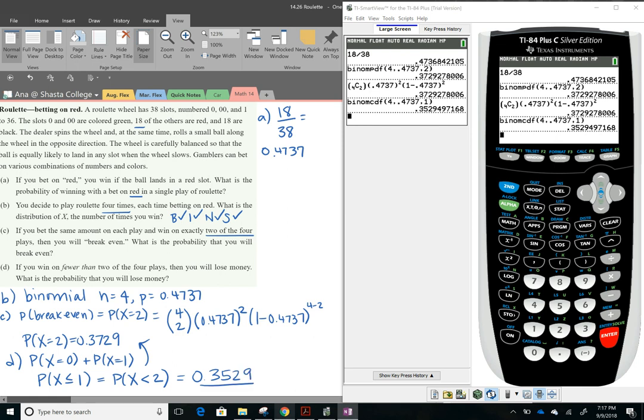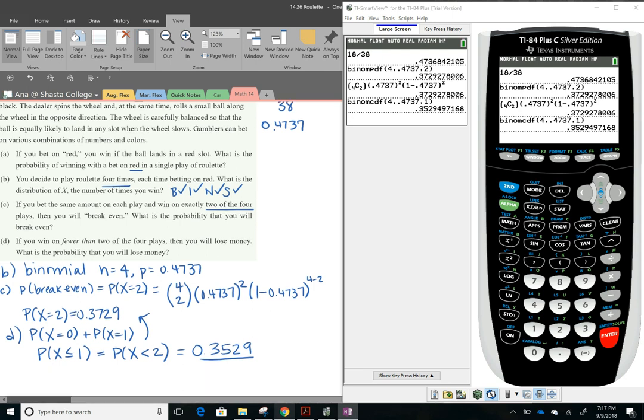Now, you'll notice that the question said fewer than 2, and I entered 1. The reason is the binomial in the calculator does from the value you're speaking of down, so I needed to do from 1 to 0. If the value that I want is not to be included, I start at the next lower value.